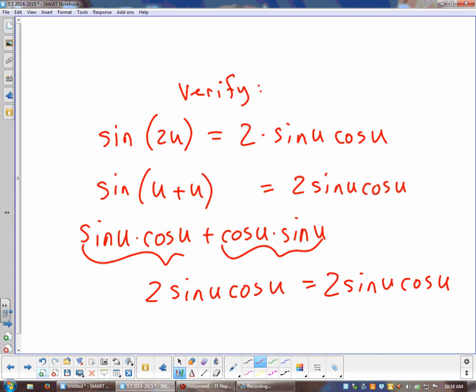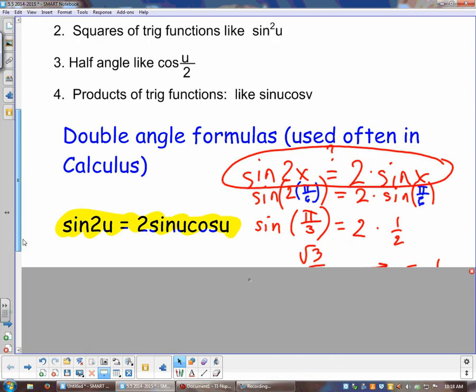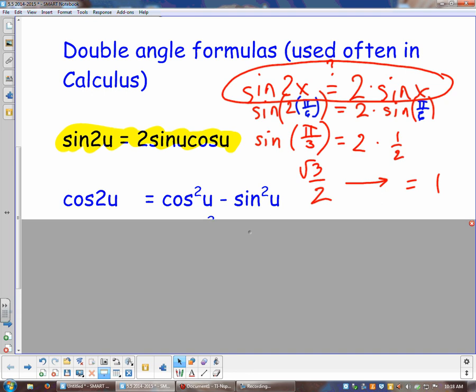Okay, so getting back here. So there's the formula for sine of 2u. Here is cosine of 2u. Actually it has 3 different formulas.